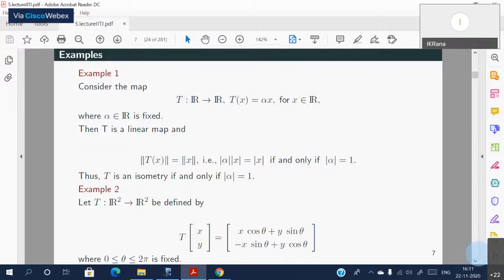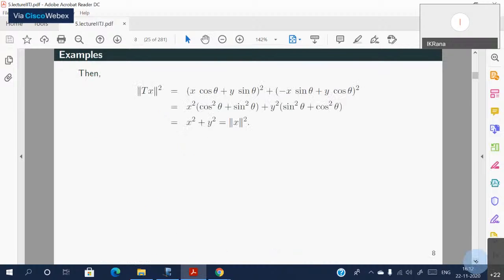Let us look at another case, an example of R2 to R2 in the plane. The transformation is given by T(x,y) equal to (x cos theta plus y sin theta, minus x sin theta plus y cos theta). A matrix representation of this one can write, but let us first observe that this is an isometry.